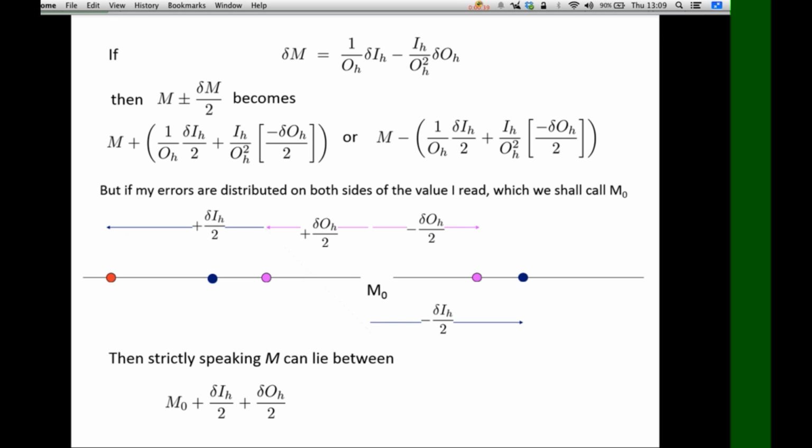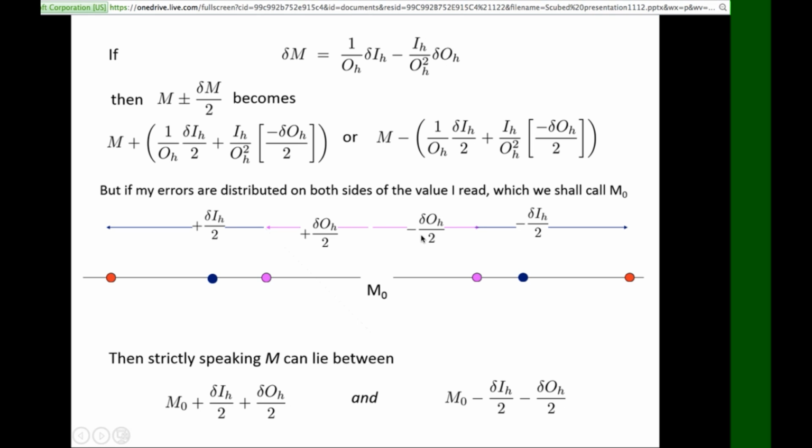So we would expect that these errors would add up, that is, we would have m0 plus delta IH on 2 plus delta OH on 2 and m0 minus delta IH on 2 minus delta OH on 2. The reason is that if just because of this error minus delta OH on 2, my true value could be somewhere here, although I've measured m0, but because of the error, the exact value might be somewhere here.